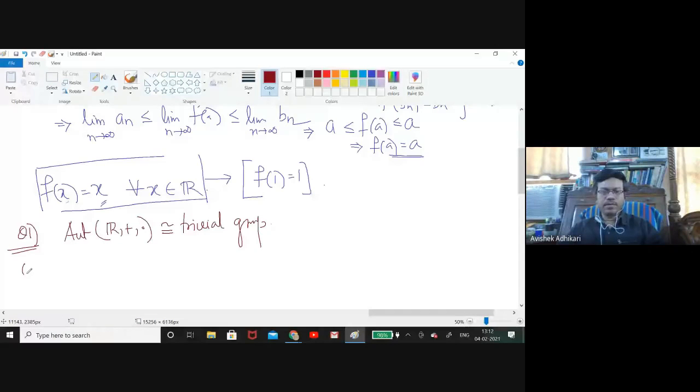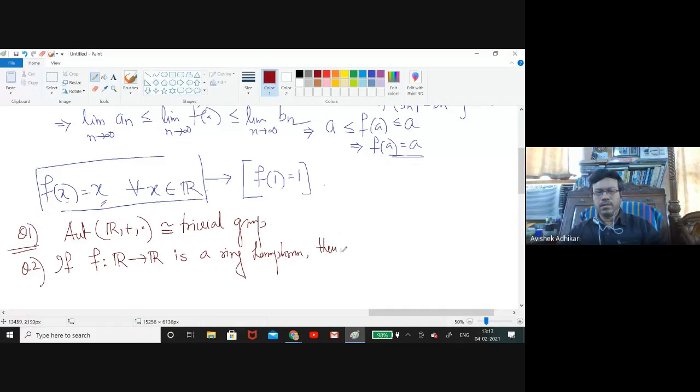Question two: if f from R to R is a ring homomorphism, then f is continuous.